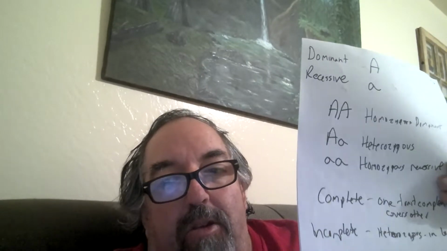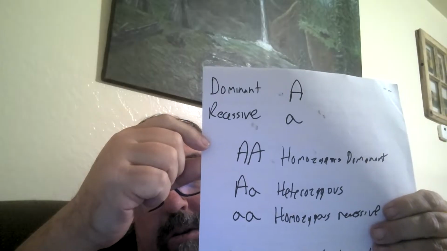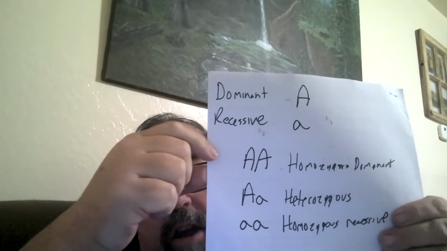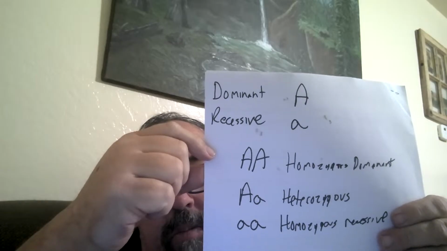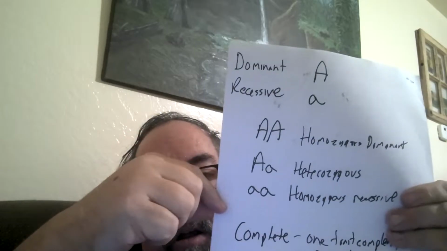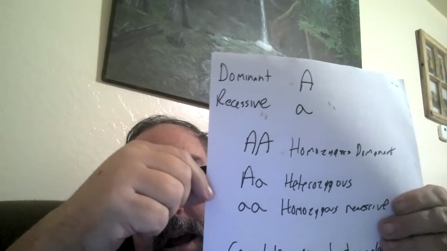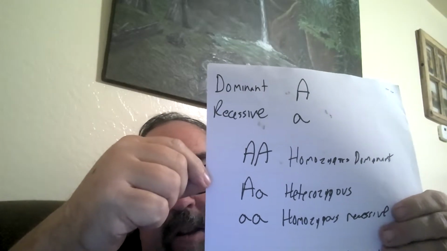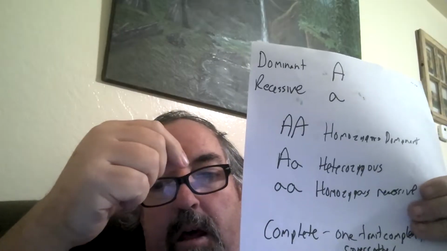Okay, so big A, or whatever letters you use, and you can use whatever letters you want, you just want to be able to tell your big ones from your small ones, is the dominant trait. Little a is recessive, so this would be red, this would be white. Heterozygous is the in-between, so that is your roan, that is your spotted cow. All right.